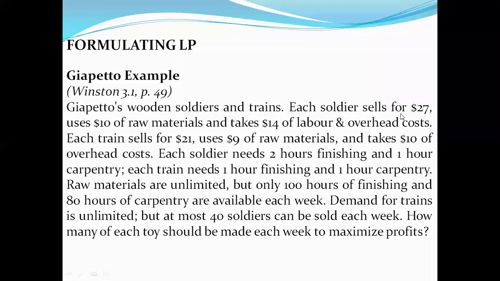Each soldier sells for $27, and uses $10 of raw materials and takes $14 of labor and overhead costs. Nothing but, for manufacturing, the amount spent on labor for shaping the soldier to its final shape, and purchasing raw material, involves 10 plus 14.